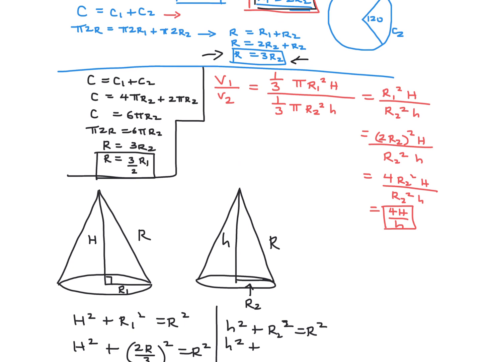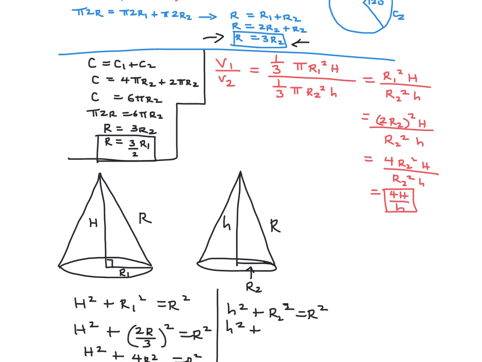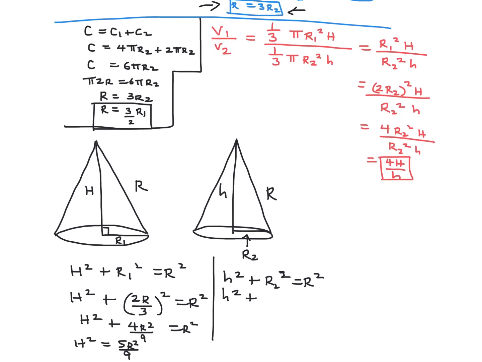Right here. So it would be r over 3, squared, is r squared. So h squared would be r squared minus r squared over 9, so it would be 8r squared over 9. Okay, I think we got it.